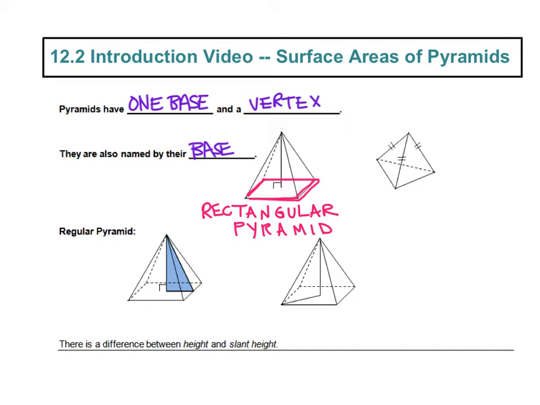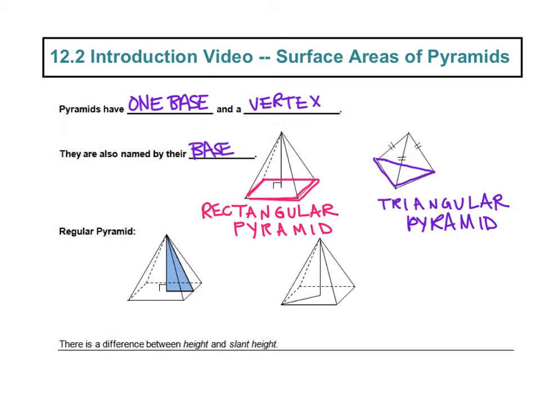All right, our next pyramid, if we're trying to find the base, it's basically going to be opposite from where that vertex is. So here's our base. Right here, we can see it's in the shape of a triangle. So this is a triangular pyramid.